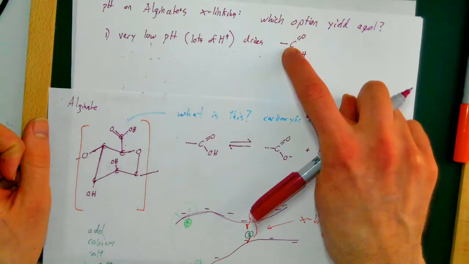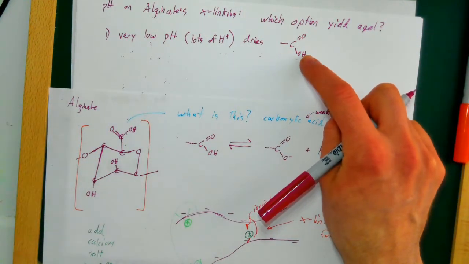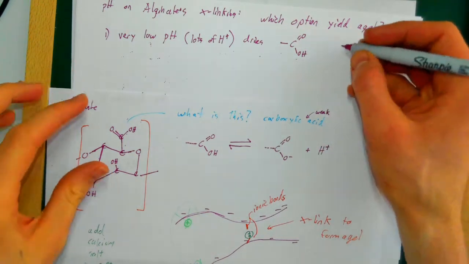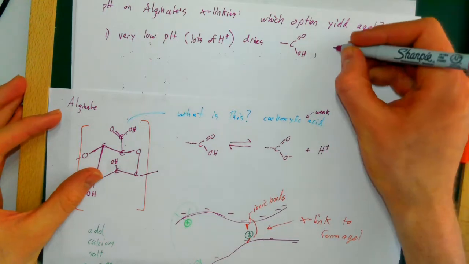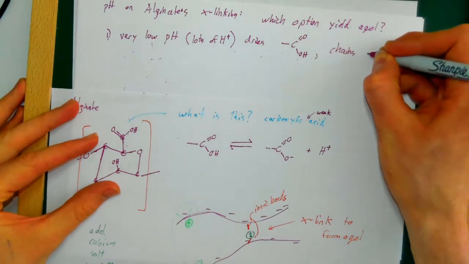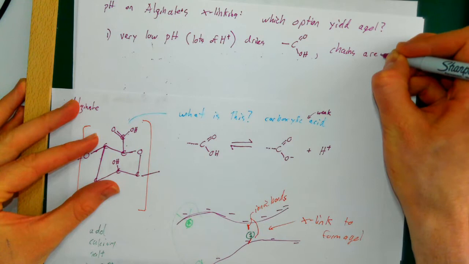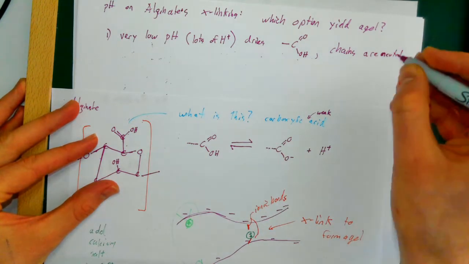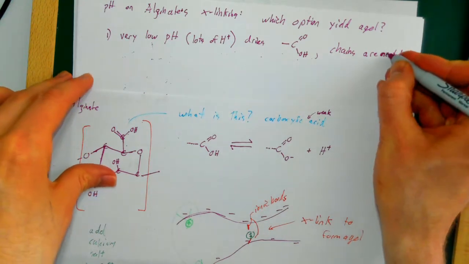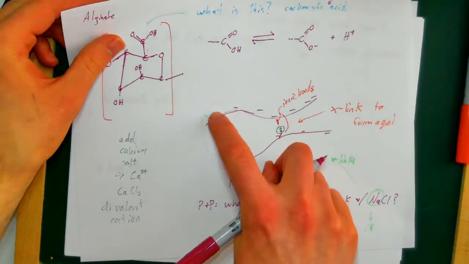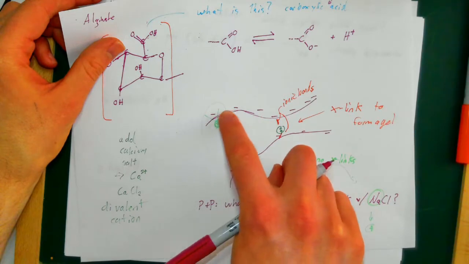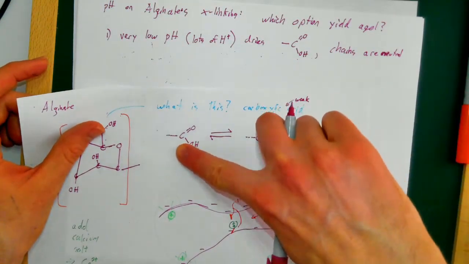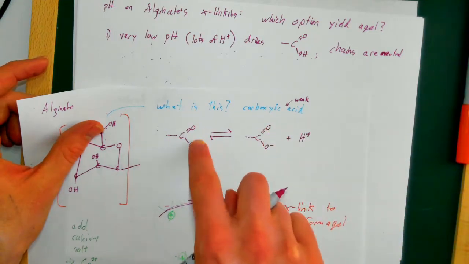If I have this state, can there be any cross-linking? Well, if it's COOH, then all the chains are neutral. Instead of having these chains with a bunch of minuses periodically along them, if I have too much H+ in solution, I drive the equilibrium towards this.